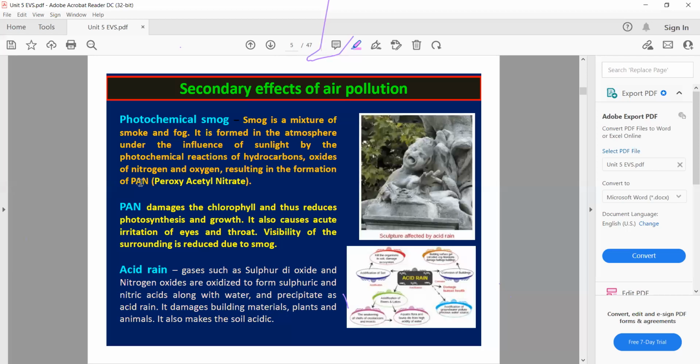That is the reason why nowadays it is said that children, or not only children, no human being should go out in the rain and dance or play. Why? First thing, all of us say that you will fall sick. Don't go. That is one point. Of course, the second reason is this one. Exposure to acid rain is very, very bad. It has a lot of ill effects on your body and health.